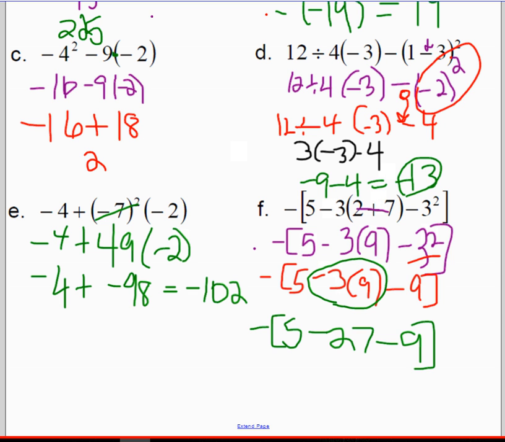Okay, now we need to do inside the brackets addition and subtraction left to right. So we'll start with 5 minus 27 first, and then we'll subtract 9 from that answer. So 5 minus 27 will give us negative 22, and then negative 22 minus 9 more will give us negative 31.